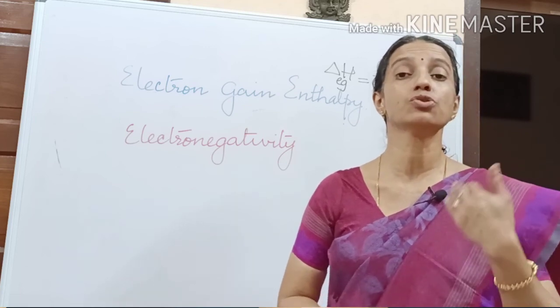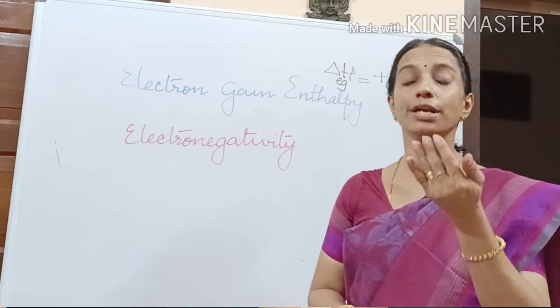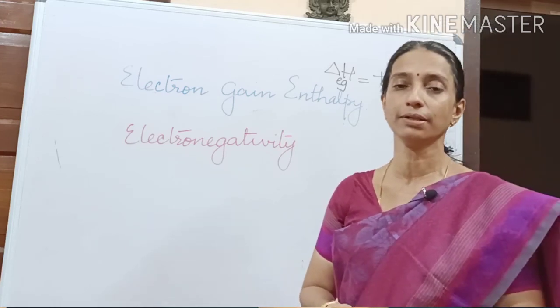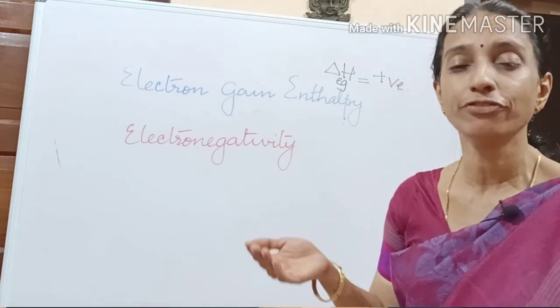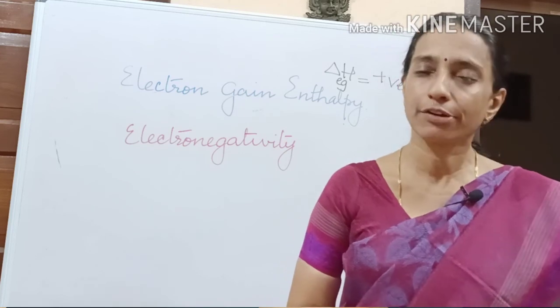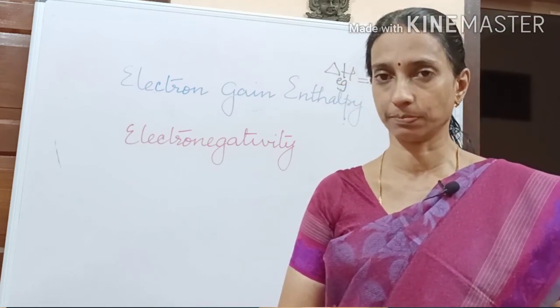They have a tendency to lose electrons rather than gain electrons. So electronegative elements are nothing but non-metals. We have learned that when we move from left to right, the metallic character keeps on decreasing and non-metallic character keeps on increasing.